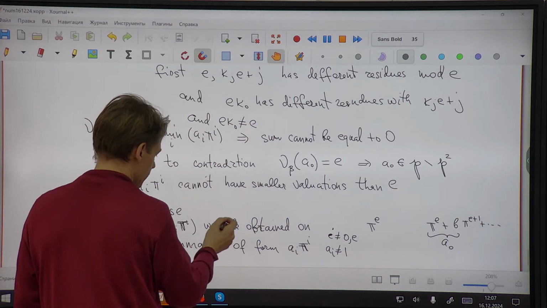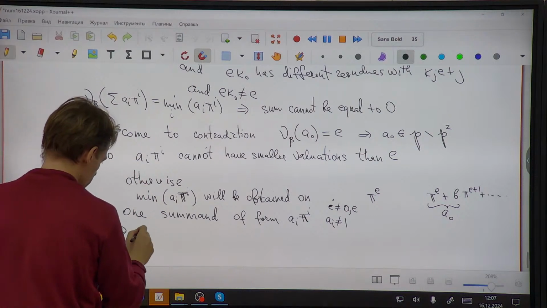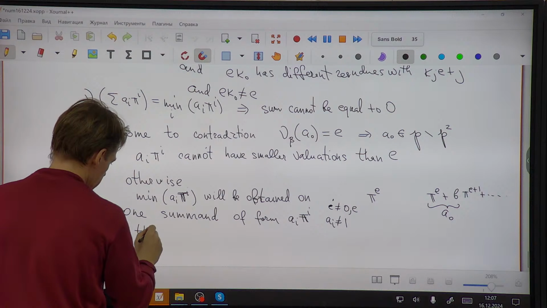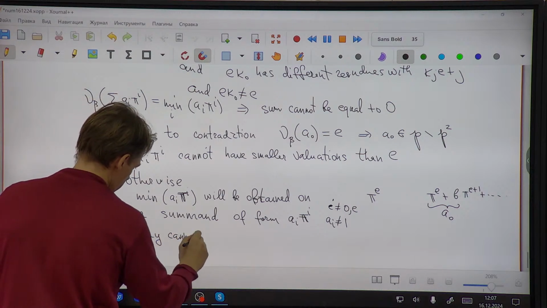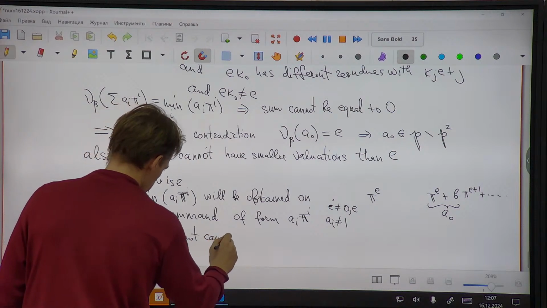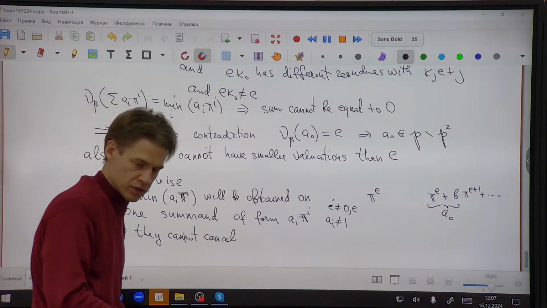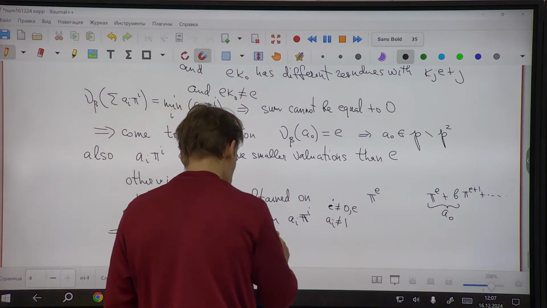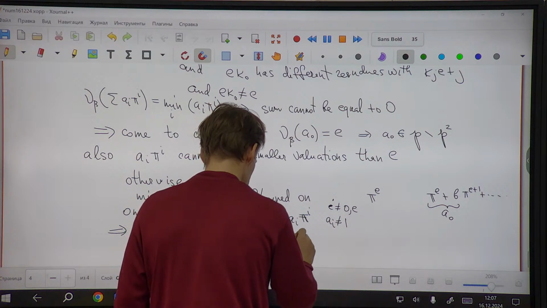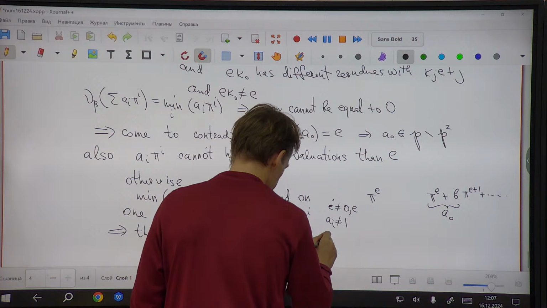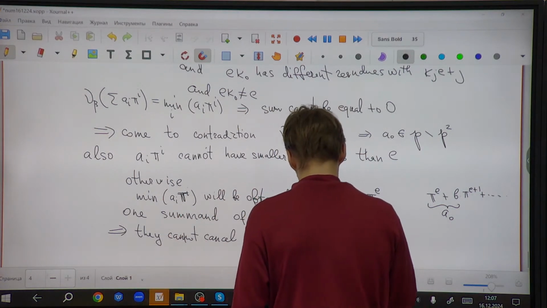They are pairwise different, so they cannot cancel. And this implies that AI also have positive valuation. So the valuation of AI is bigger than 0, so it is divisible by E.